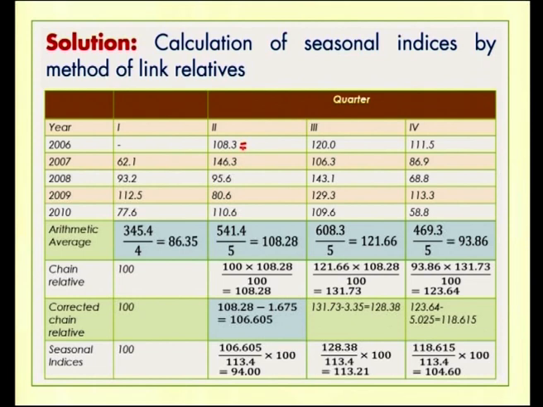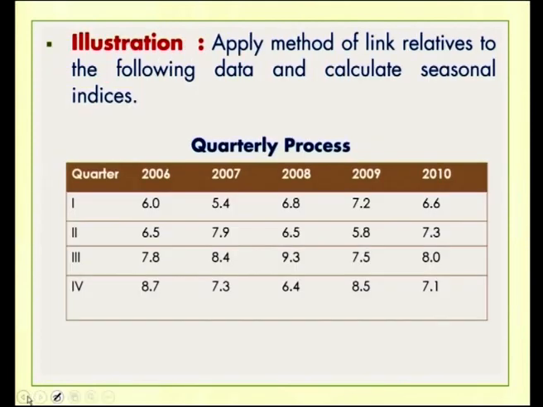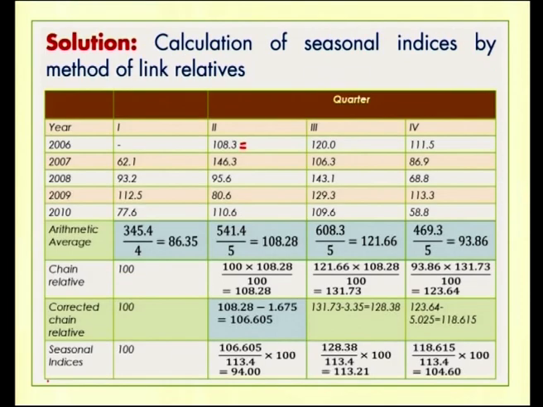Just see, for the second quarter for the year 2006, the previous one is 6 and the current value is 6.5. So, for calculating link relatives, 6.5 divided by 6 into 100, isn't it? So, 108.3, 6.5 is current value and the previous value is 6 into 100.